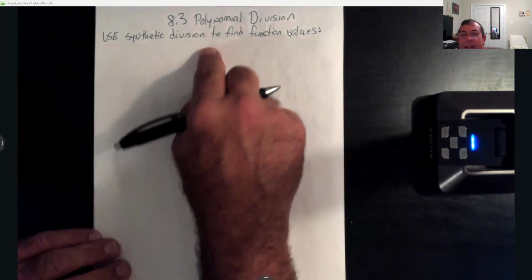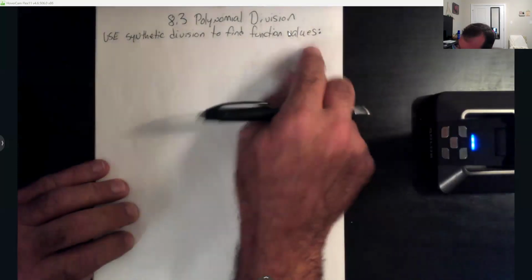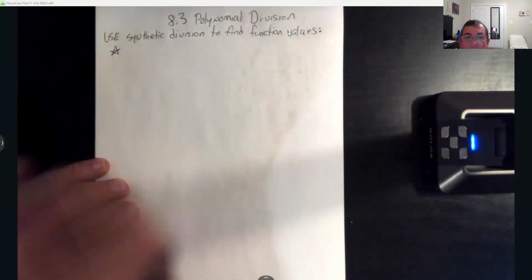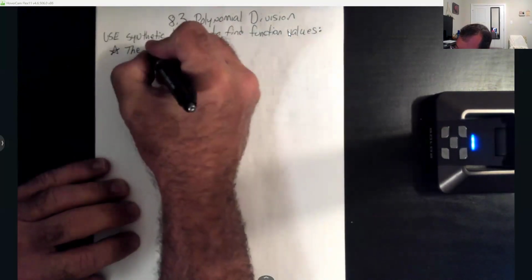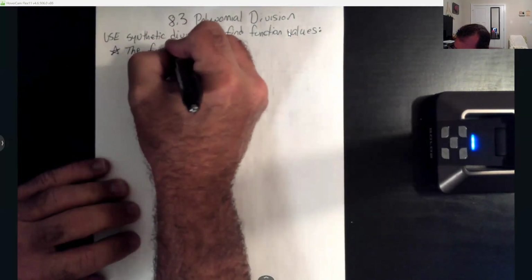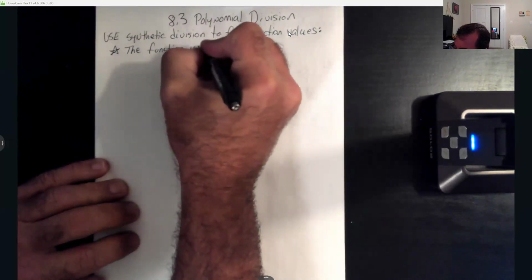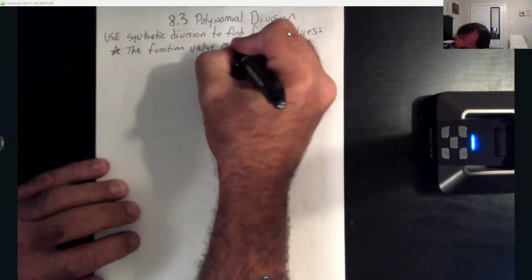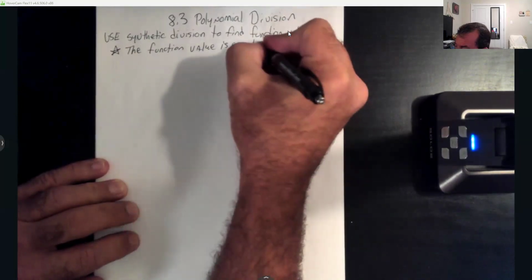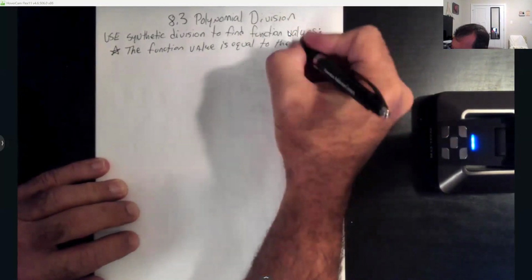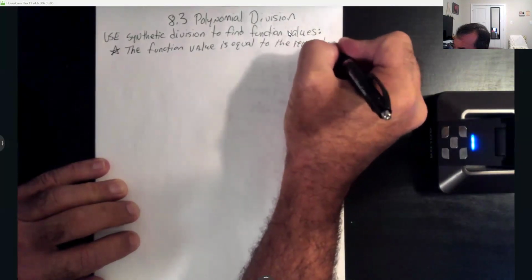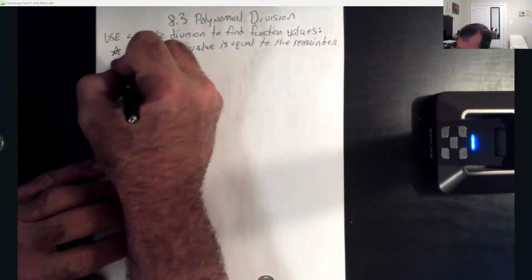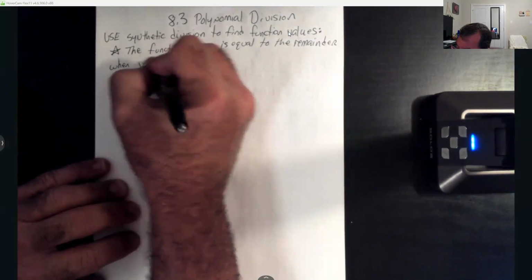So when using synthetic division to find function values, go check this out. The function value is equal to the remainder when using synthetic division.